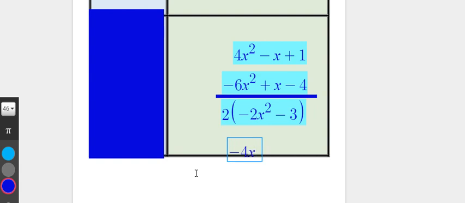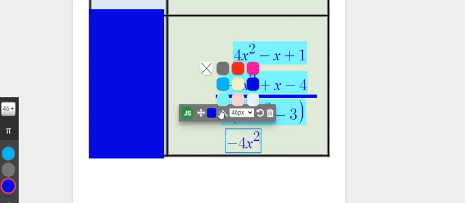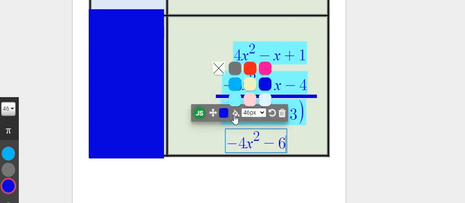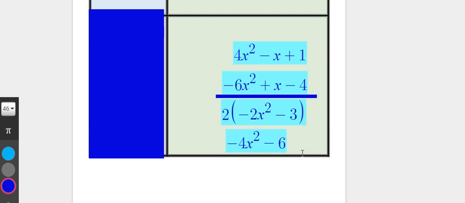You never change exponents when you're multiplying unless you're multiplying by a variable. We just multiply the number by the coefficient. So negative 2 times 2 is negative 4, and then negative 3 times 2 is negative 6. And that's our answer. Negative 4x squared minus 6.